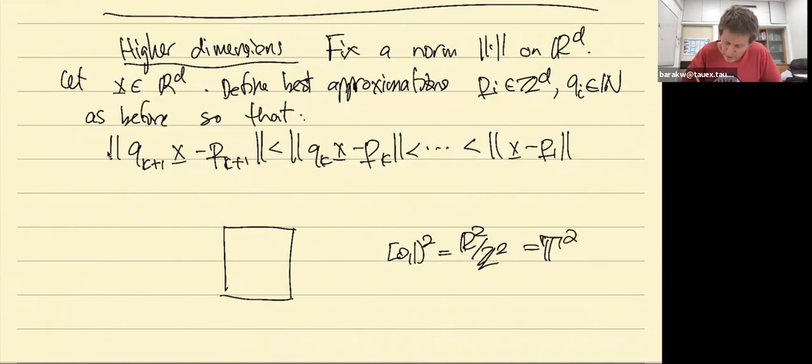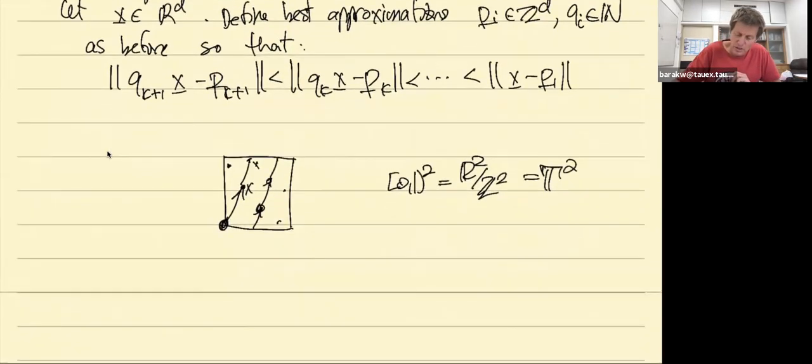Then x is a vector, and you get multiples of x, pulled back into this unit square, and you're asking about the consecutive minimizers of the distance to 0, the point over here. This defines a sequence of best approximations, just as before.